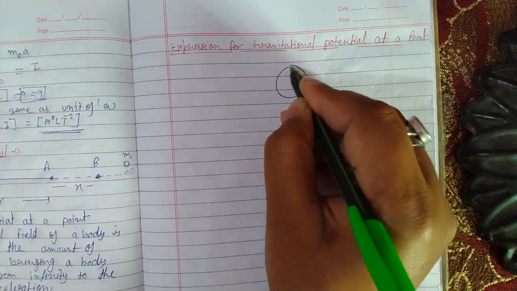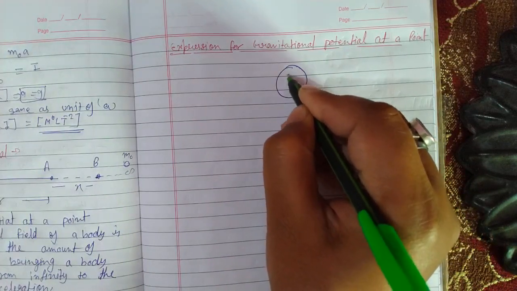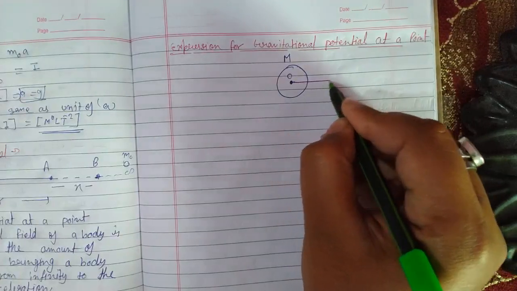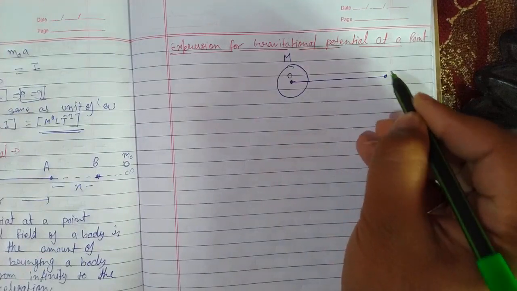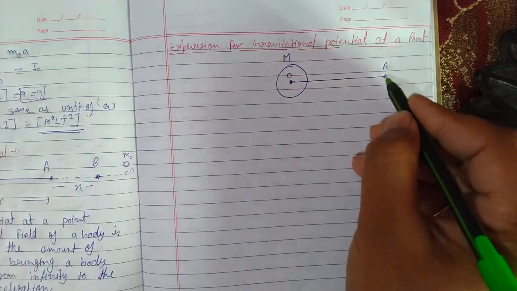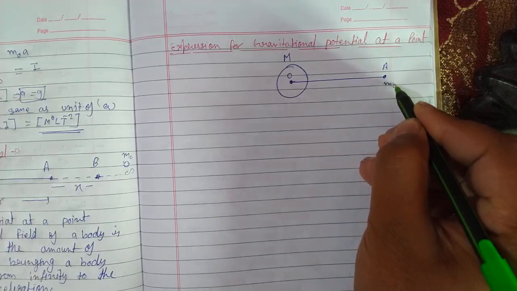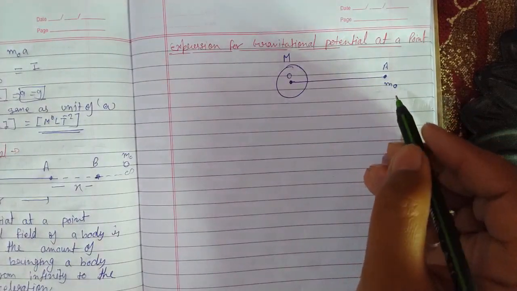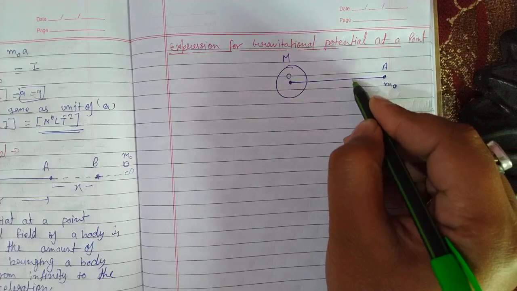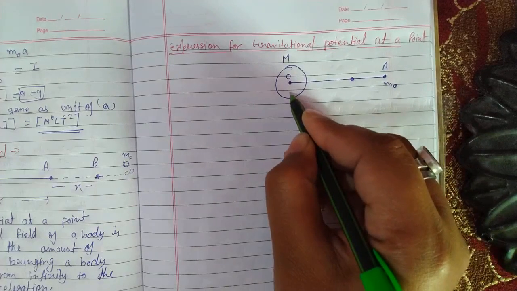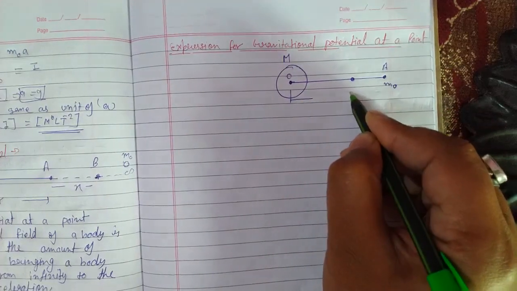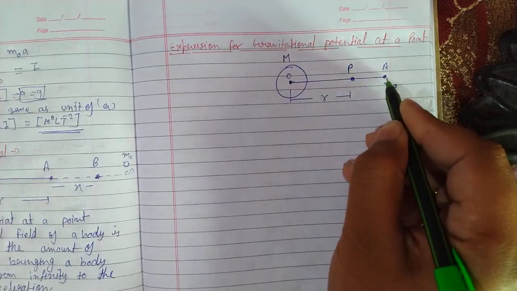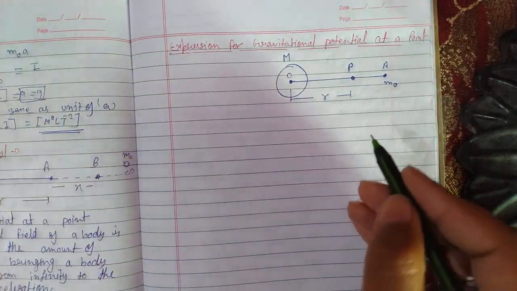Let's say we have a mass object whose center of mass is at O, having mass capital M, and its field is experienced at point A, where a unit mass object is placed, and at a point at r distance from its center of gravity, P, where we need to calculate the gravitational potential.